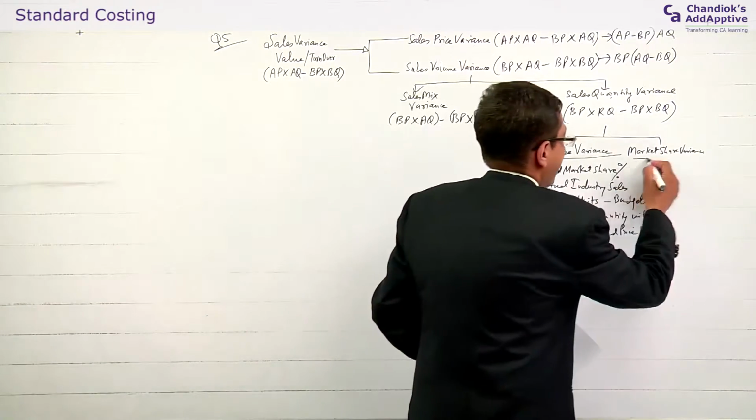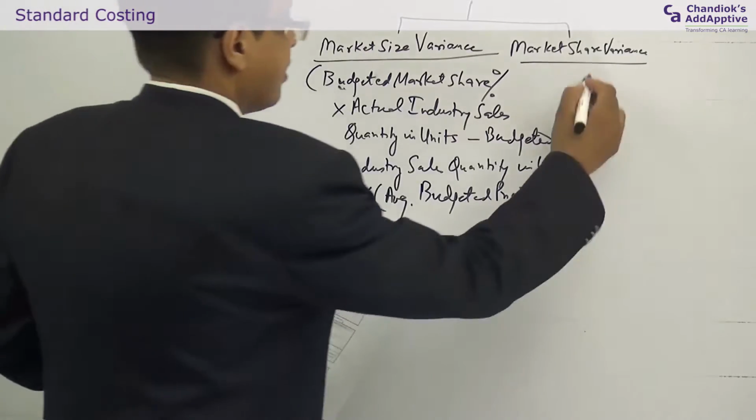In case of market share variance, I write it here.